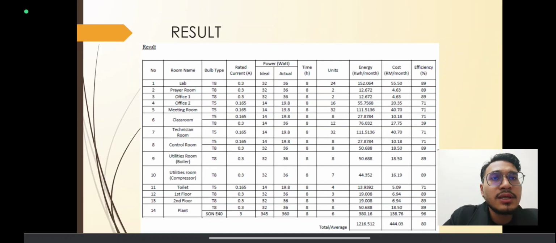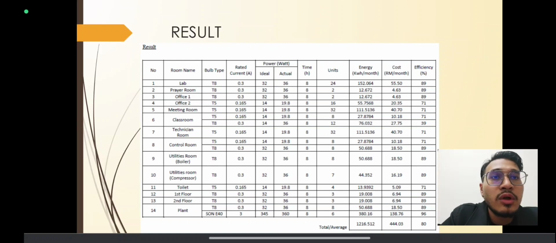So this is the last table or the last result that we have collected. From the first column we have the room name, bulb type, and the current power in watts, which is ideal and also actual.